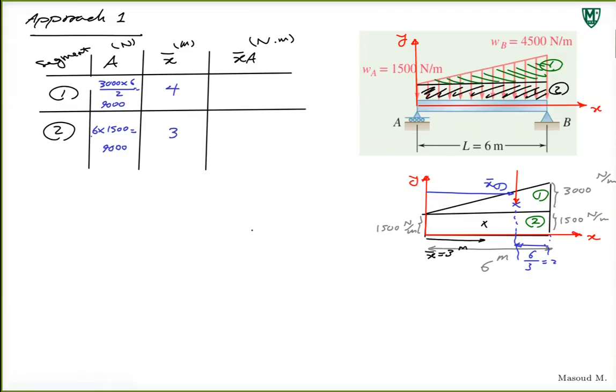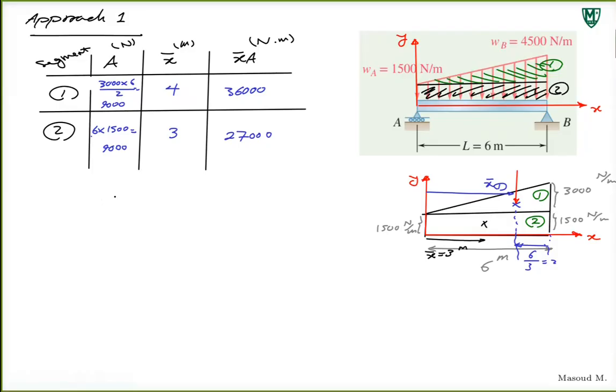This third column is just basically multiplication. 4 times 9,000 is 36,000. 3 times 9,000, 27,000.